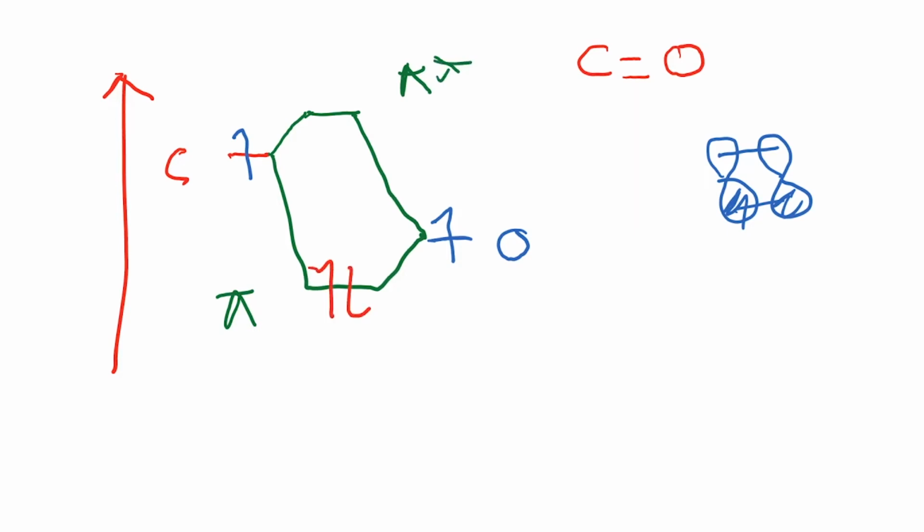Now if you want to understand how this pi bond is going to look, it's very interesting because the pi star, for example, has a greater contribution from carbon, whereas the pi bond has a much greater contribution from oxygen. The character of the pi bond is going to be dictated by the bonding orbital, so the pi orbital is going to be influenced more by oxygen.